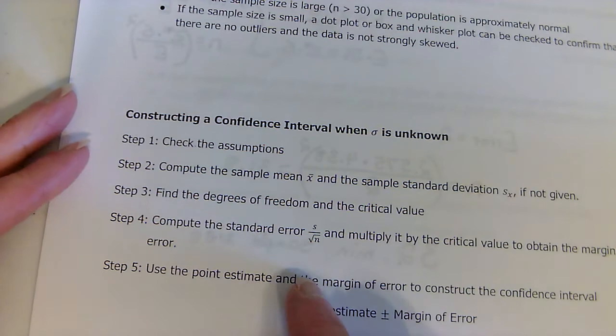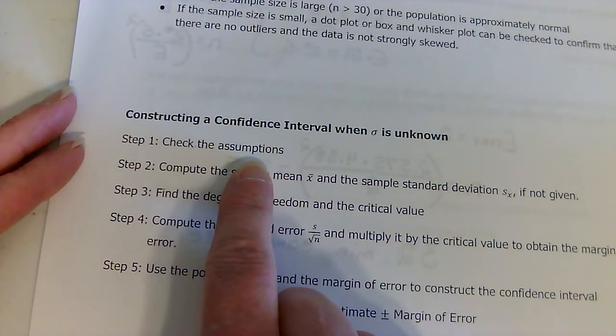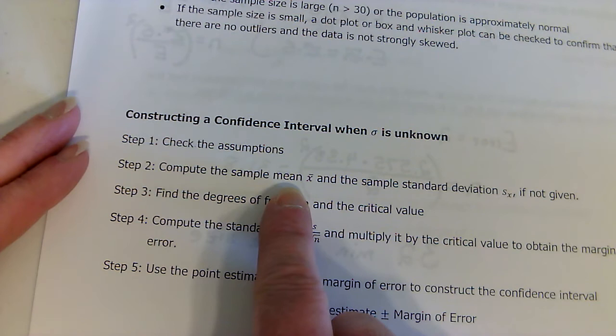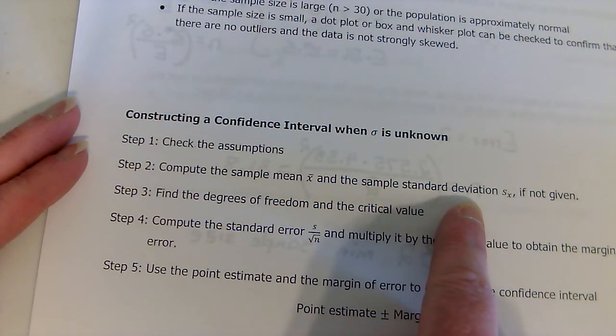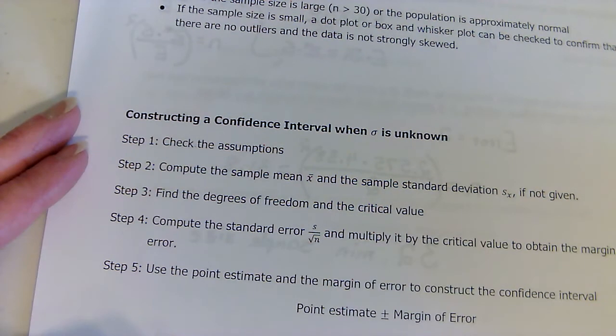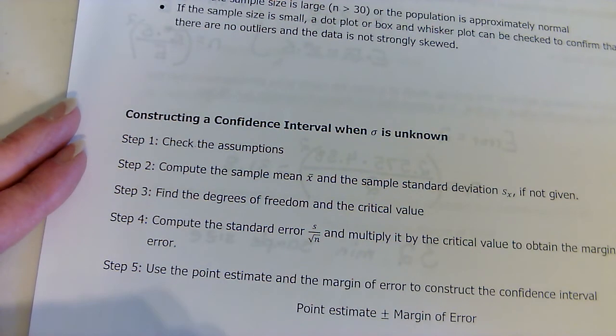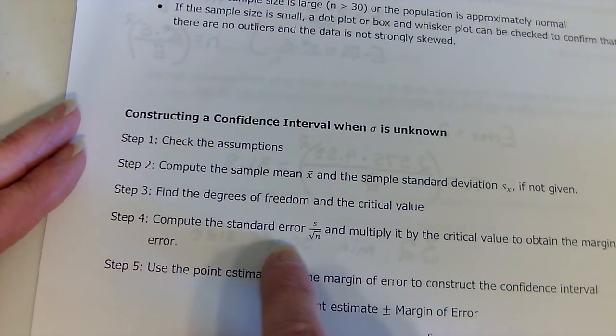So, to construct a confidence interval, we're going to check our assumptions. Are we random? Is our sample size big enough? We're going to compute the sample mean and the sample standard deviation, unless it's given to us. We'll find the degrees of freedom and the critical value. Compute the standard error, which is taking that standard deviation divided by the square root of n.